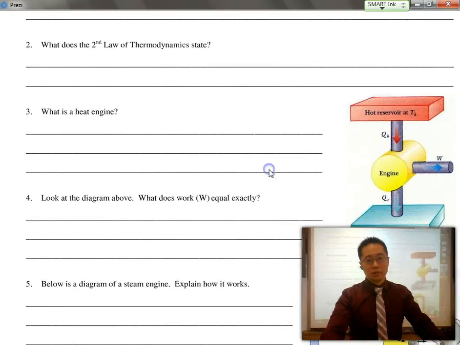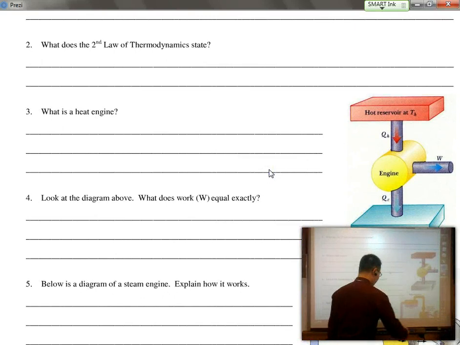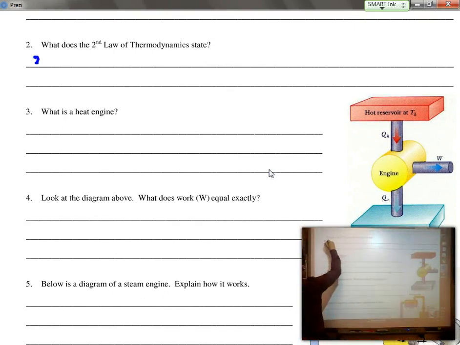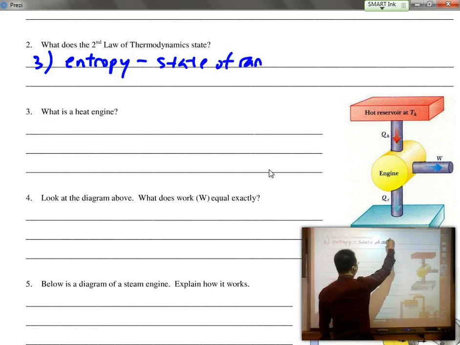There's one other part to the second law of thermodynamics that I'll mention briefly here, but we're not going to get to it too much. And the third idea is about entropy, which basically means a state of randomness.